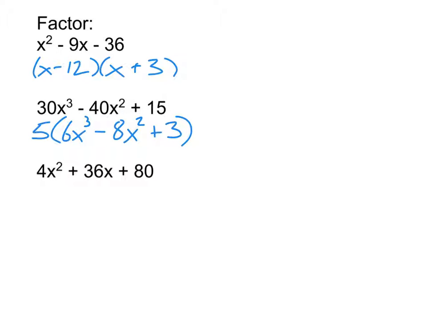And so I'm actually going to start by looking to see if I can divide something out like I did on this. So is there anything that I can divide out of the 4x squared, the 36x, and the 80? 2. Yes. 2 does come out, although there's actually something bigger. 4. Notice 4 even comes out of all of them. Let's see what that gives us.